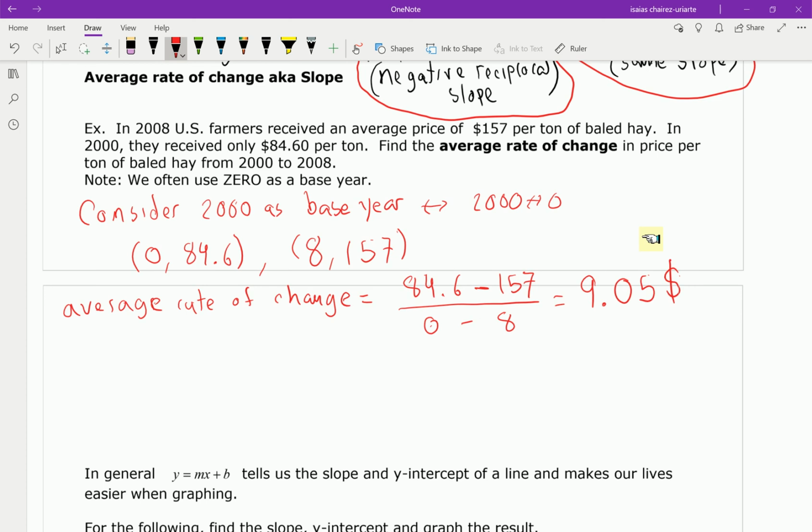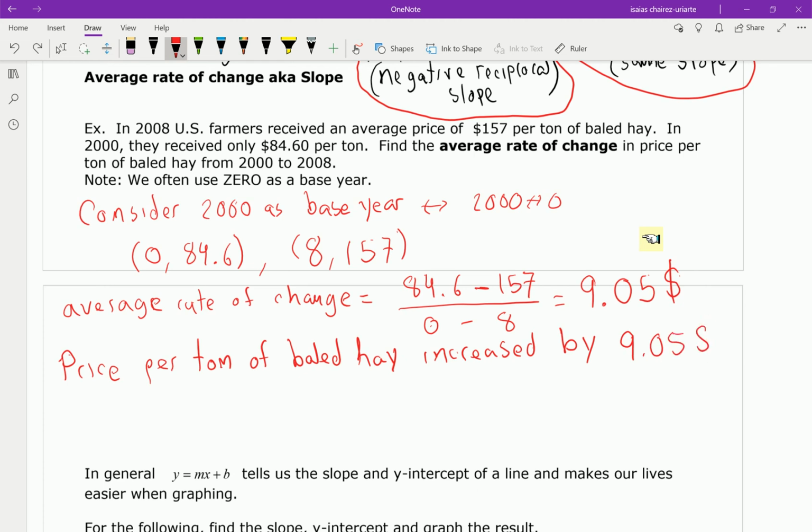I guess if we really needed to summarize this, what we can say is the following: that the price per ton of baled hay increased by $9.05 per year from 2000 to 2008.